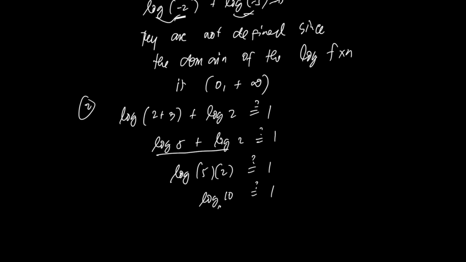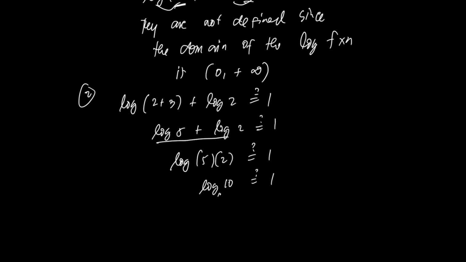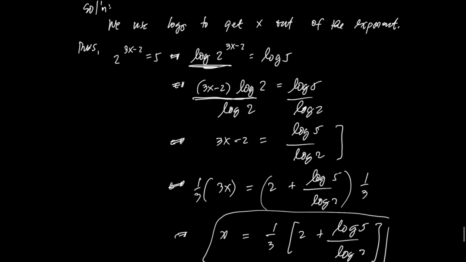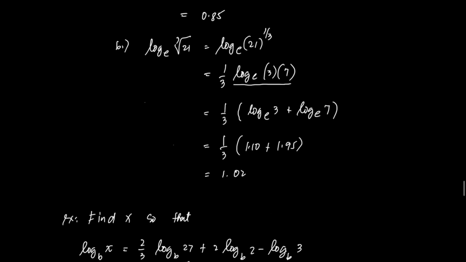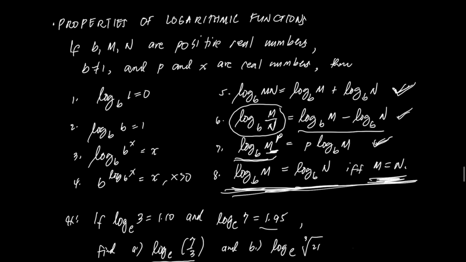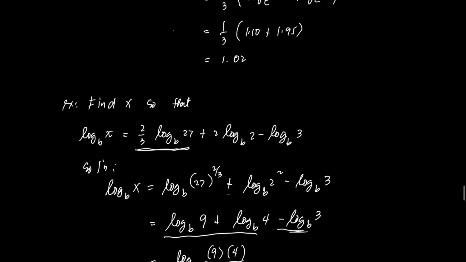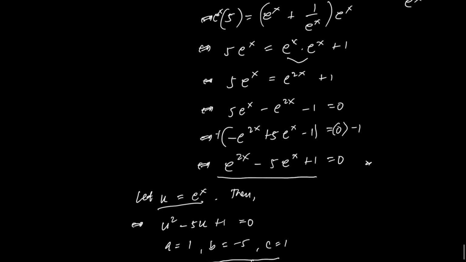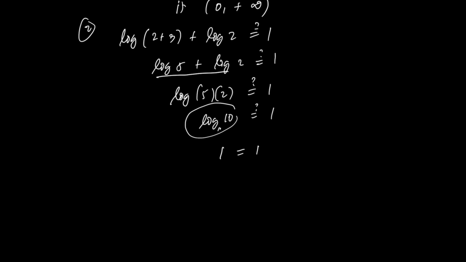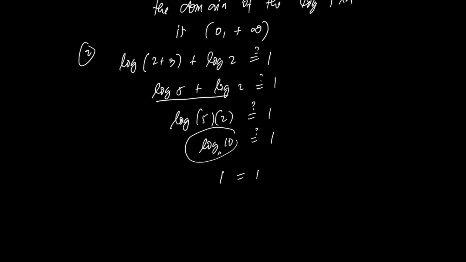Take note that again we have 10 as a base, and this log base 10 of 10 is equivalent to 1. From what? From our rule, log b of b equals 1. So log base 10 of 10 is equivalent to 1. So therefore, our solution is 2, but negative 5 is not.